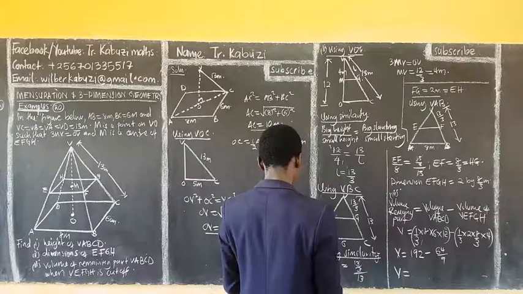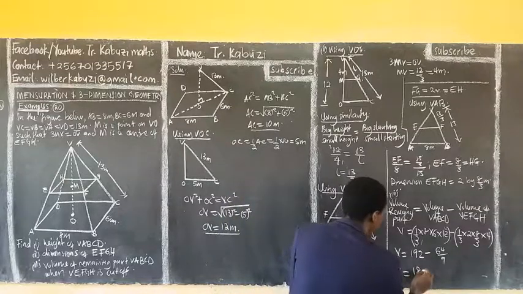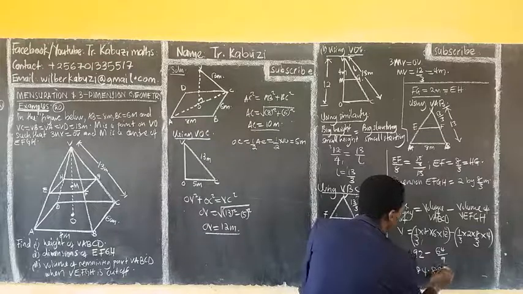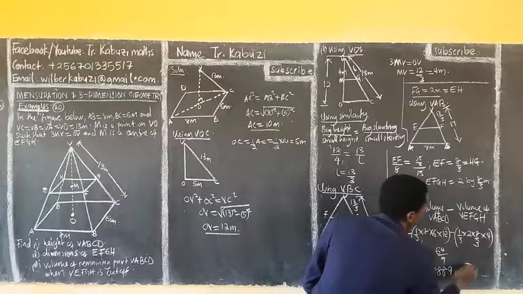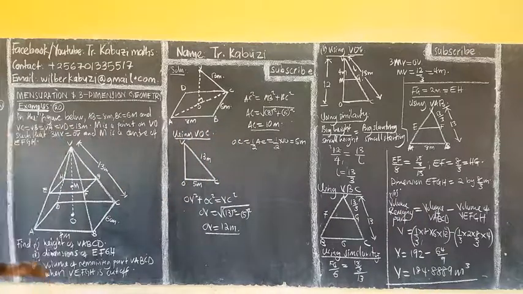So the formula as I'm getting is 84.8889 meters cubic. Now remember, if we cut off the upper thing, the volume of this remaining thing is going to be that.